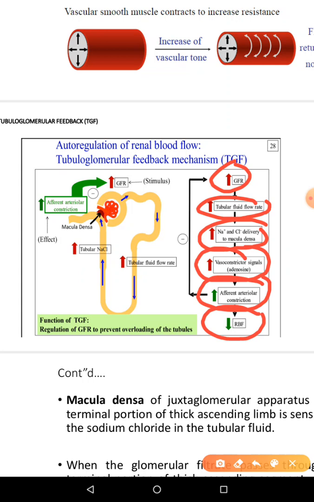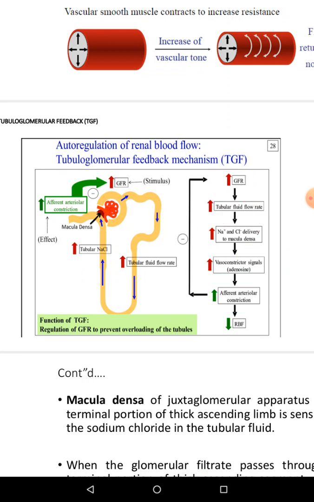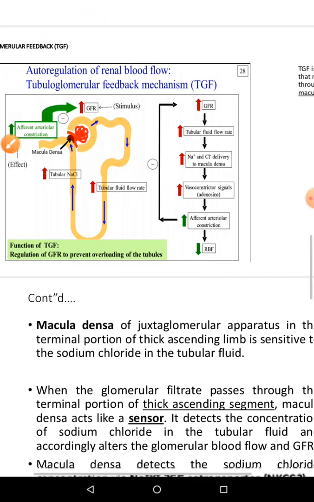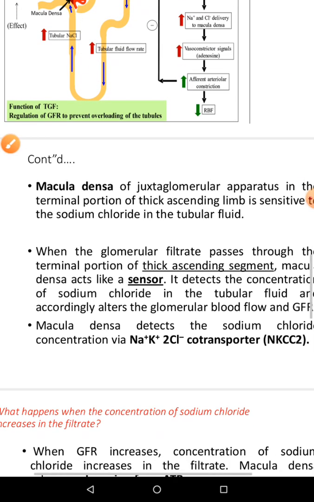It responds by secreting vasoactive substances, mainly adenosine; others are prostaglandins and kinins. These cause local vasoconstriction of the afferent arterioles, reducing the renal blood flow and bringing the glomerular filtration rate back to normal. So that is about the macula densa.